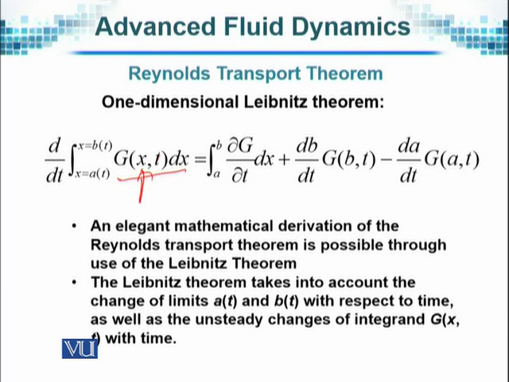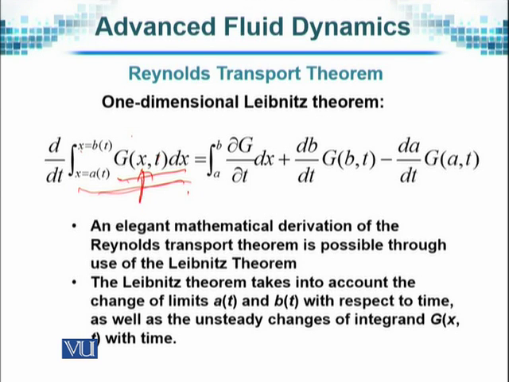This is a famous theorem studied in our integral calculus. If we have to integrate a function between two limits, x equal to a(t) to x equal to b(t), observe that both these limits depend on the variable time.